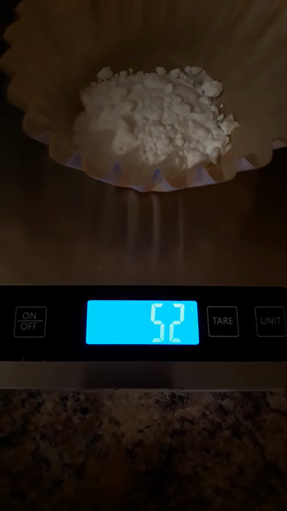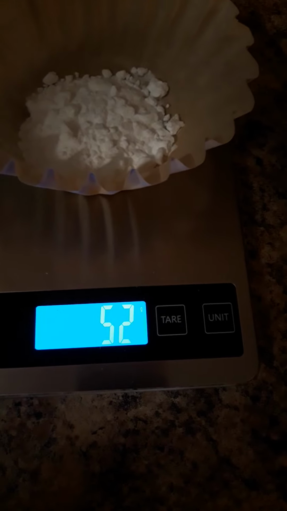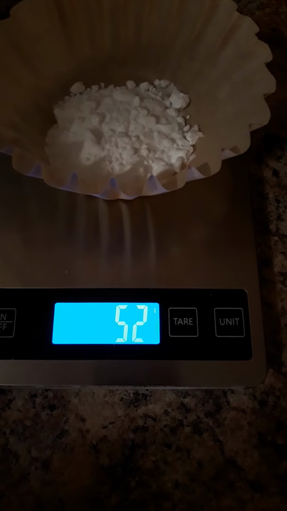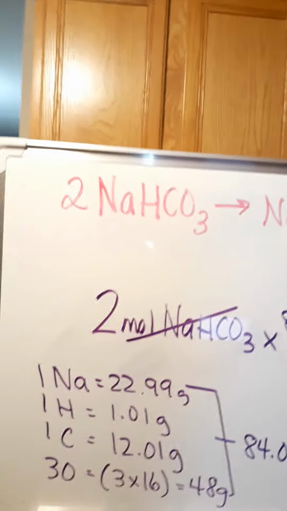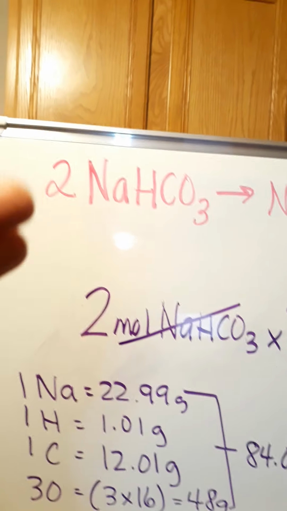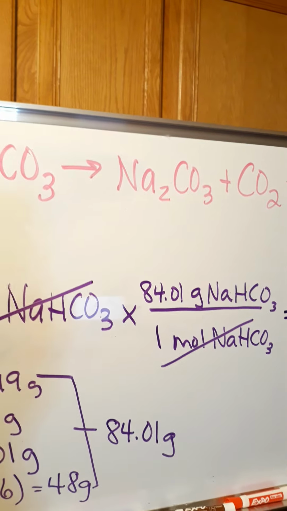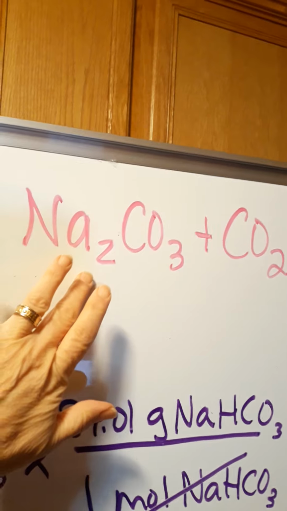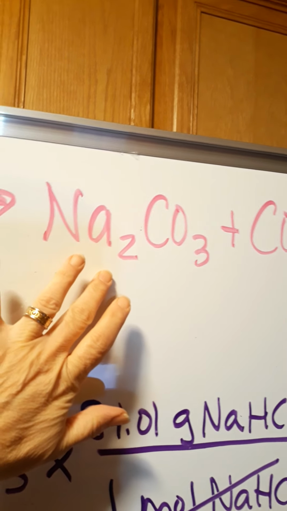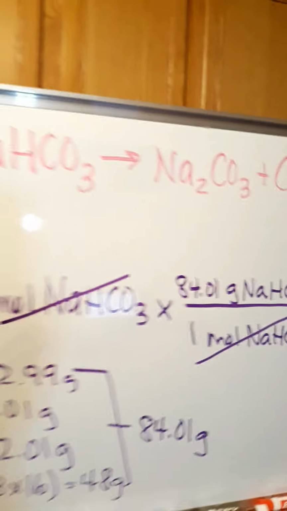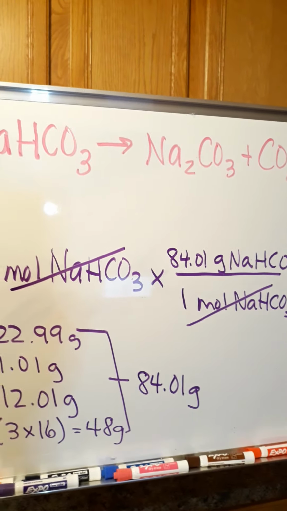This is all the sodium bicarbonate that I have. All I have is 52 grams of sodium bicarbonate. So what this means is that I don't have enough to run this equation like it is. The amount of sodium bicarbonate that I have, 52 grams, is going to limit the amount of sodium carbonate that I can actually produce in my oven. So what we're going to do is calculate something called the theoretical yield.